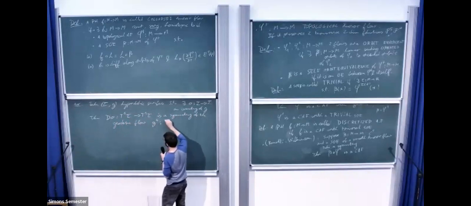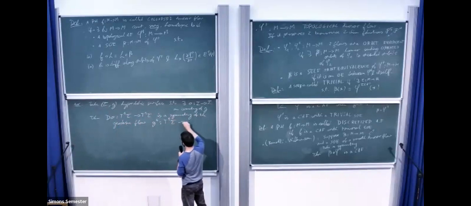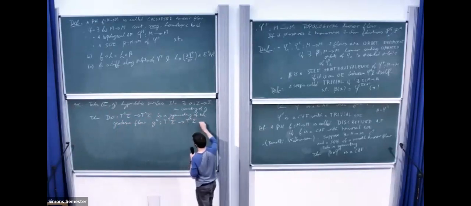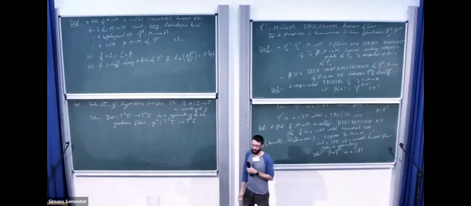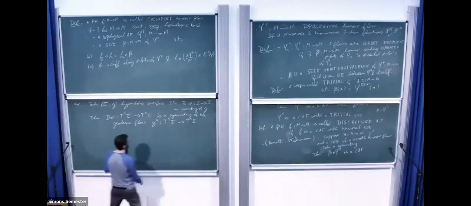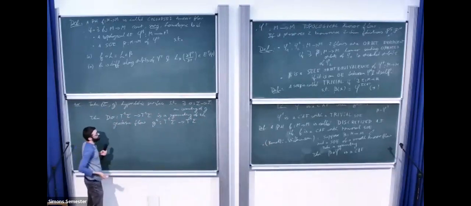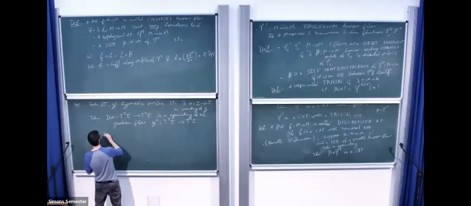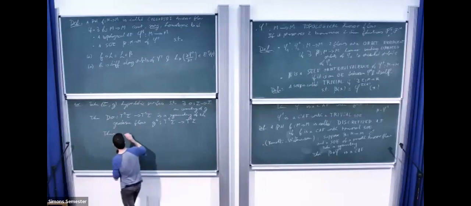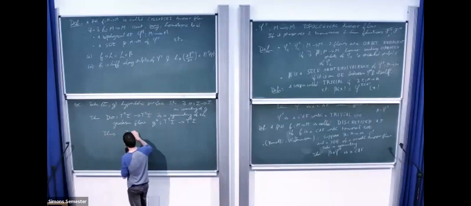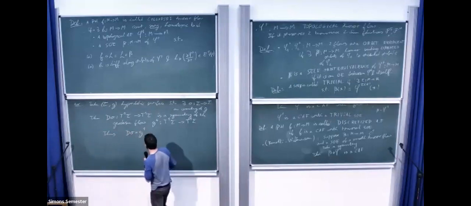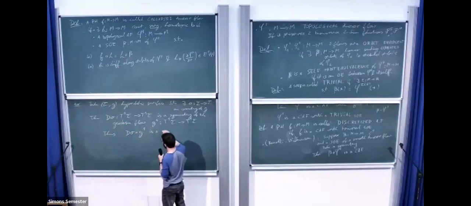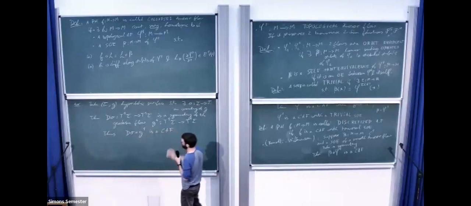So if you start with the symmetry on your surface, you get a symmetry on the unit tangent bundle, and then you can compose the two and you win. D sigma composed with g1 is a collapse Anosov flow.